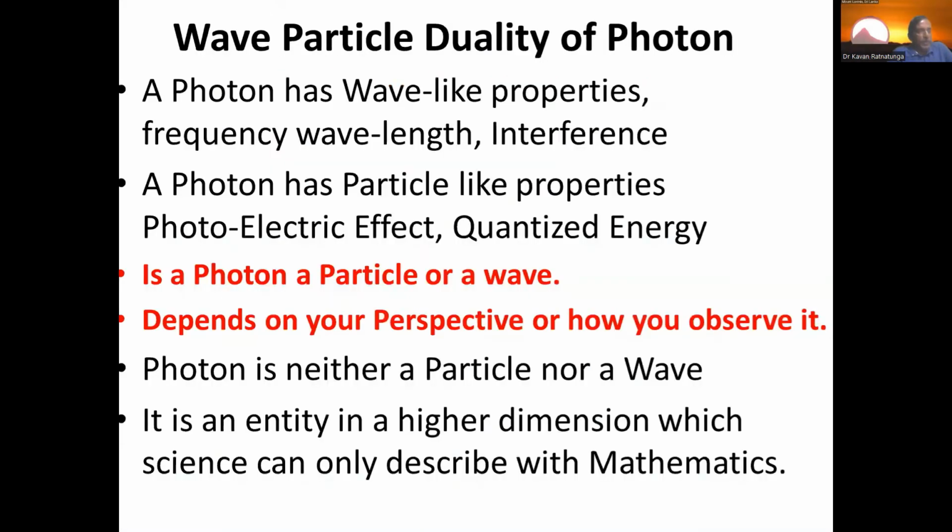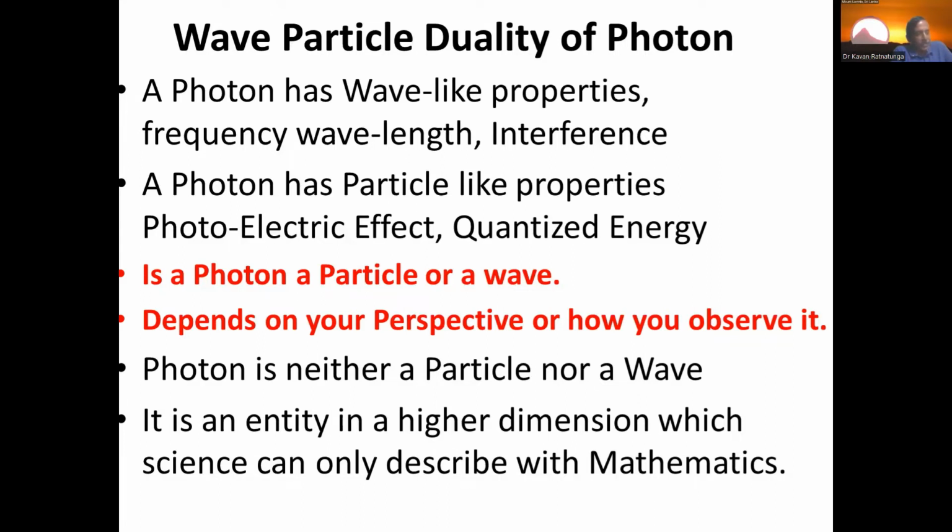So let's look at another concept, the photon. A lot of people ask about this, so I'm including it here. What is the photon? A photon is a particle of light, but we also talk about its wavelength. So it has wave-like properties and it has particle-like properties. So a lot of people ask: is a photon, which is a bundle of light, a particle or a wave?